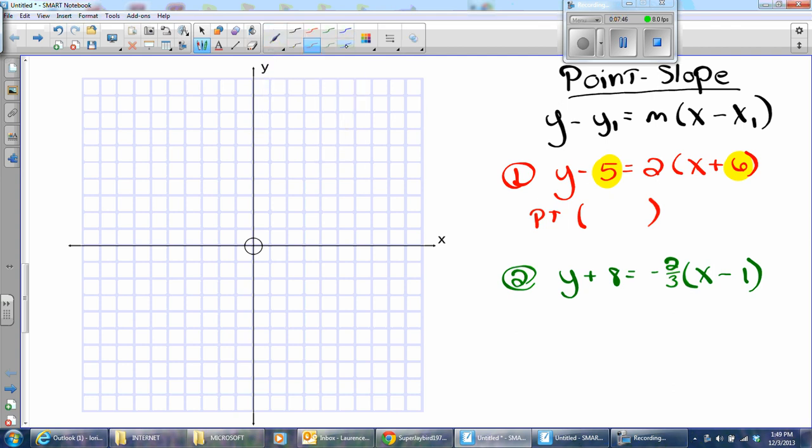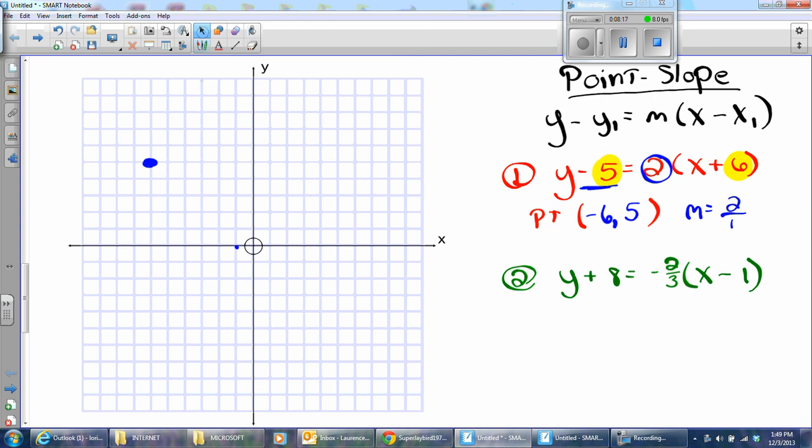So my point is going to be an x-coordinate of -6 and a y-coordinate of 5, because that 5 is negative, right? And then my slope is sitting right here. So my slope is 2, or as a fraction, 2 over 1. So I just plot the point (-6, 5).